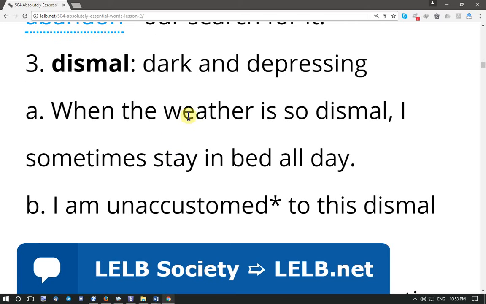So we say, for example, if the weather is covered and so cloudy, it's not sunny, some people, including me, as a matter of fact, tend to become depressed.